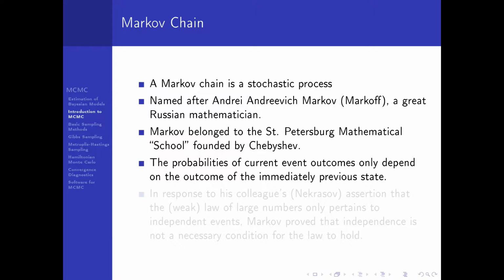What Markov chain characterizes is that today's probability of one of the three states depends on the outcome of yesterday.